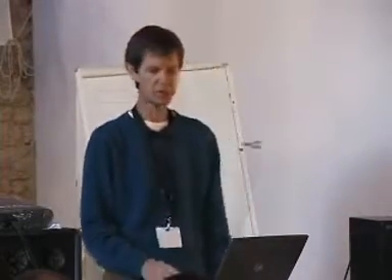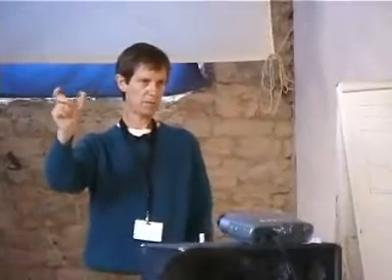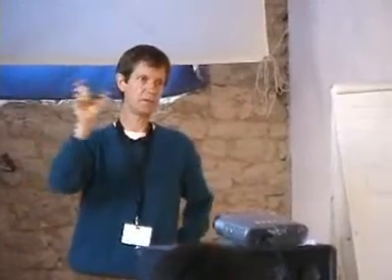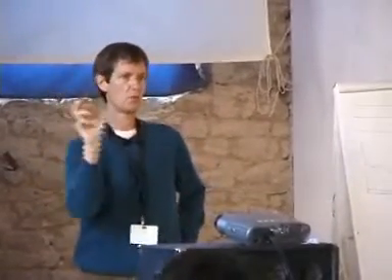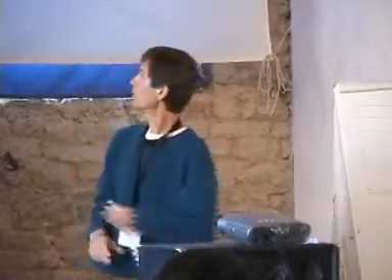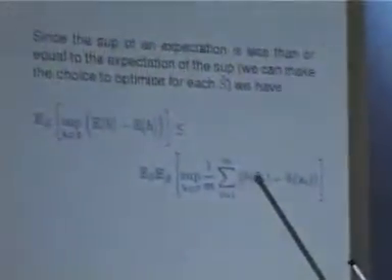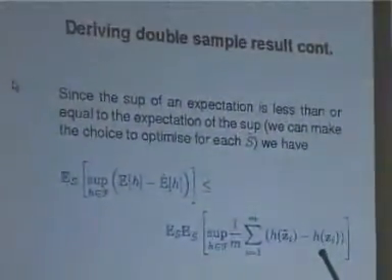Symmetrization will now correspond to, again, the same thing, exchanging corresponding elements. You remember we took the first element of the sample and the first element of the ghost sample and swapped them, or didn't, and the second element with the second element. So if we do that, that corresponds to just swapping these two, Z1 tilde and Z1, and Z2 tilde and Z2.